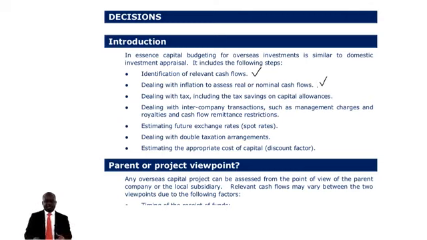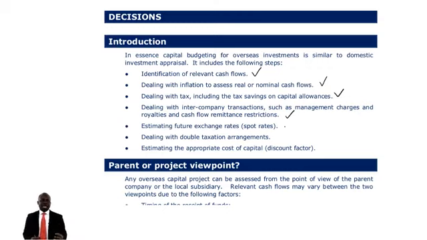Whilst you are generating the cash flows, you have to deal with inflation and all that, which will bring nominal and real issues. Deal with tax and tax savings on capital allowances in the country in which the project is supposed to be undertaken. Also deal with intercompany transactions like management charges, royalties, and cash flow remittance restrictions, which we'll have a look at. And then estimate the exchange rate.